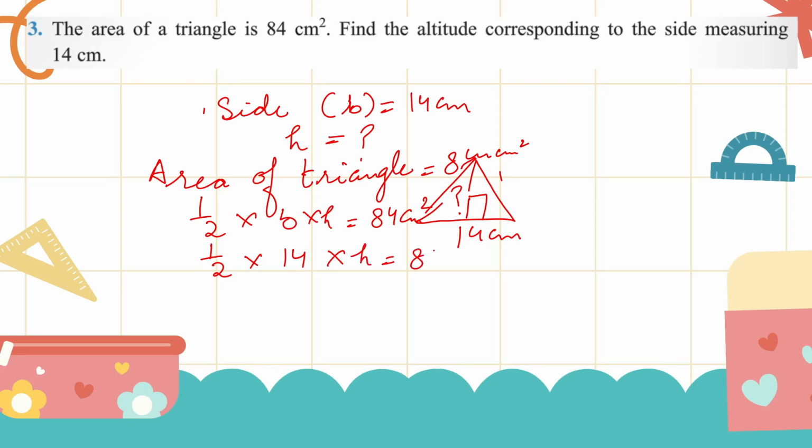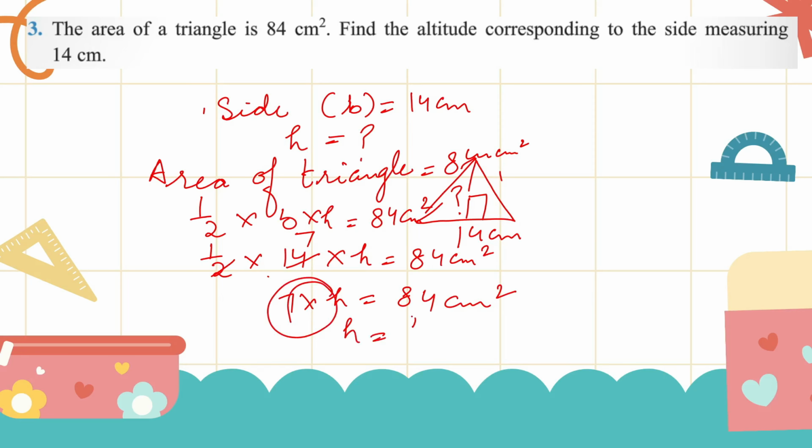Height we need to find, that is not given. We can cut this 14 with 2. Here left 7. 7 into height equals 84 centimeter square. So on this side 7 is multiplied and on the other side it will be divided.